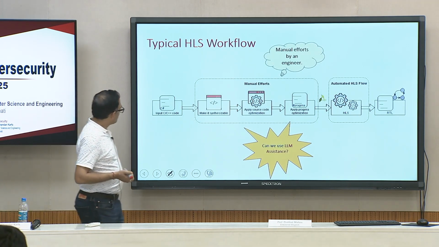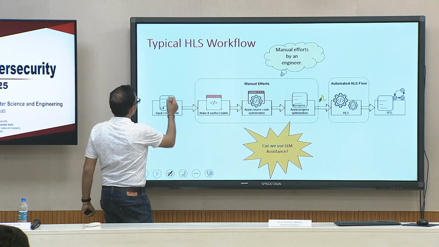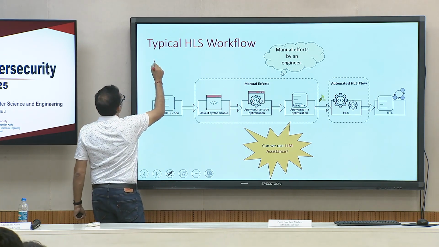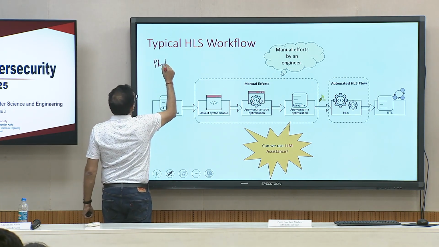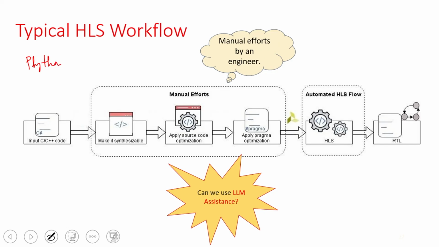Suppose you have Python code, this is your ML model. Then you have a Python to C converter, that will give you C++, because this HLS tool basically works from C++.